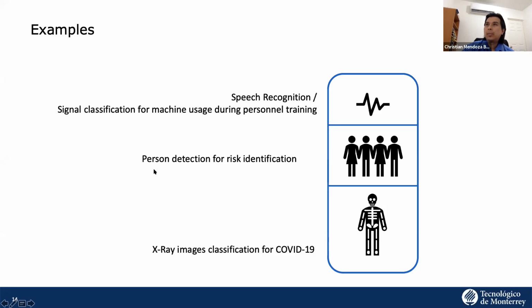Then I'm going to jump into person detection for risk identification, and I will explain this in a moment. And lastly, I will show you one of the projects we developed recently because of the COVID-19 pandemic, about how we are using X-ray images to try to detect COVID-19 cases.